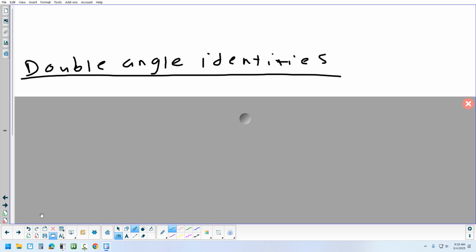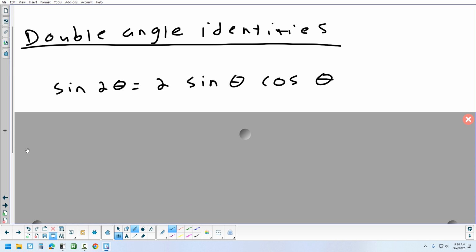So a double angle identity is specifically used to get rid of a 2 inside the argument. Now, if you have a 3, they might have formulas for triple angles or for quadruple angles, but you really can take a problem that's not a 2 and break it down so it is. Okay, and we're going to do that.